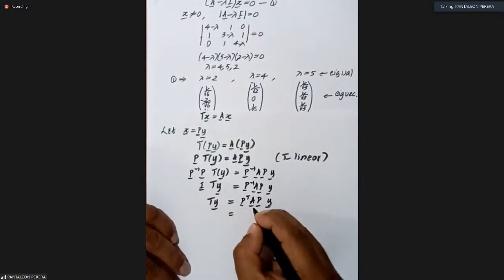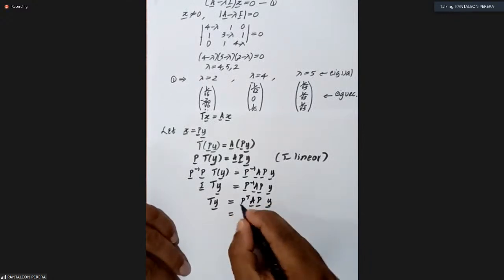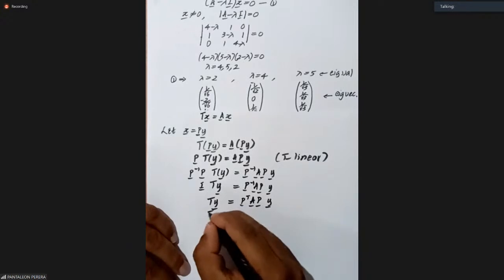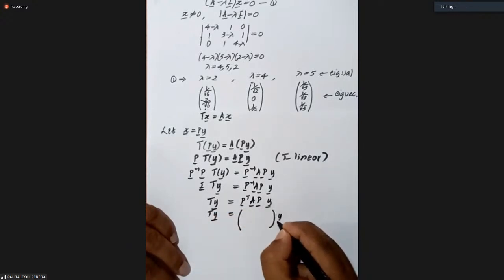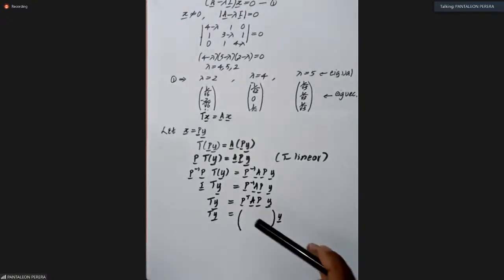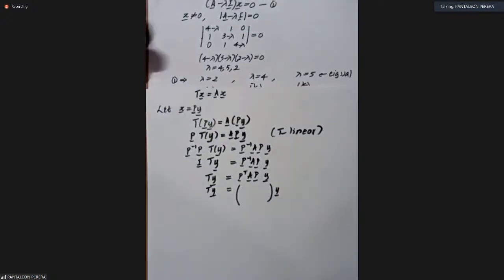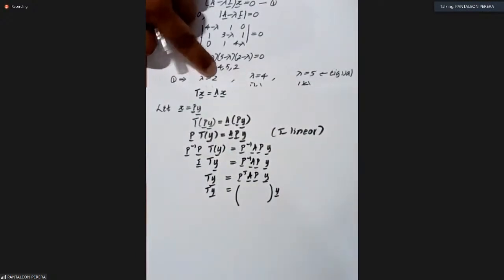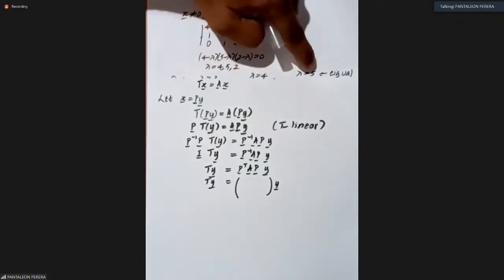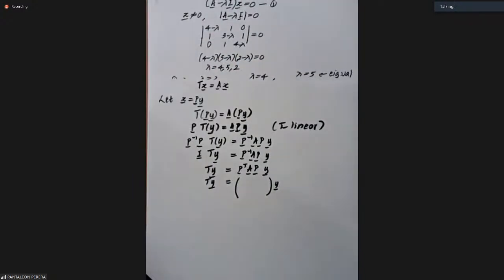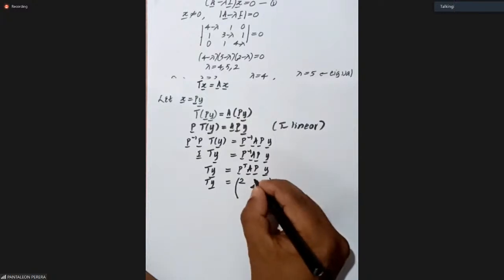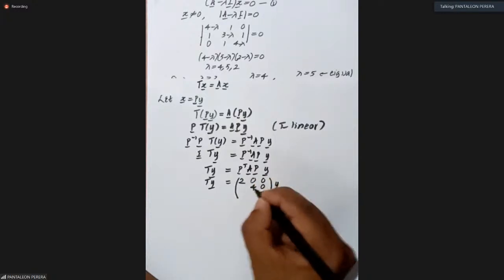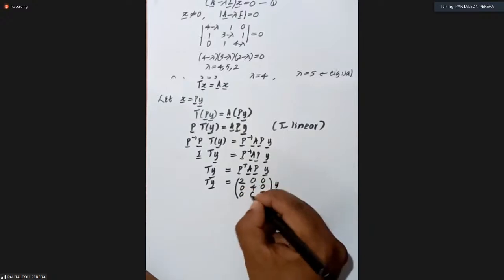Now what happens? This becomes a diagonal matrix. The first one is 2, second eigenvalue is 4, third eigenvalue is 5. So 2, 4, 5. This is called the diagonalization. The transformation was diagonalized.